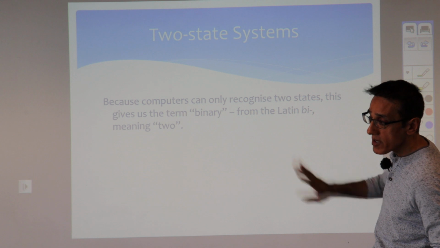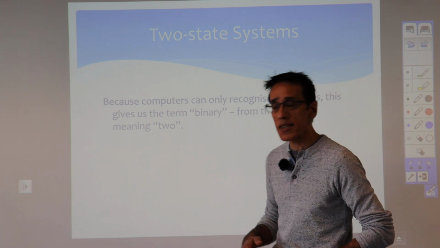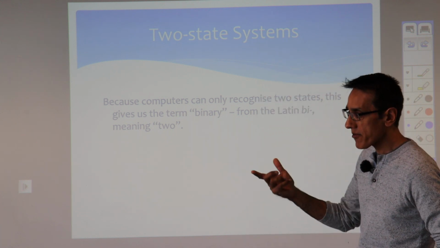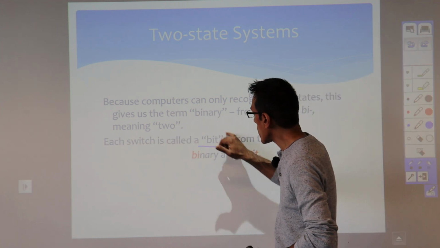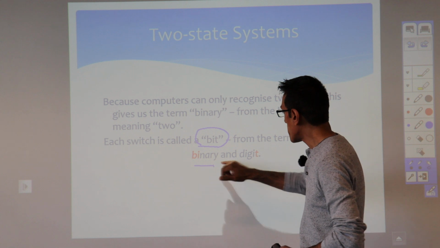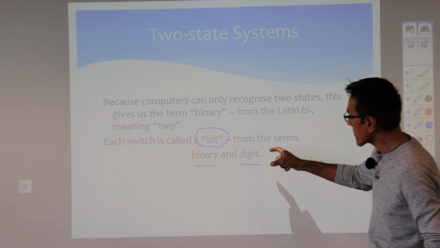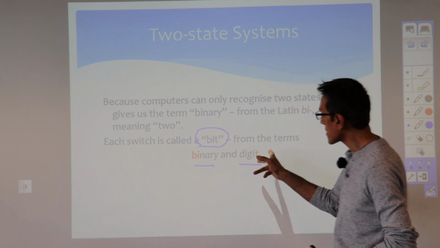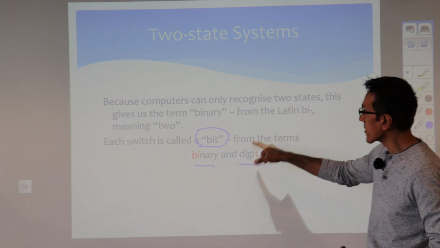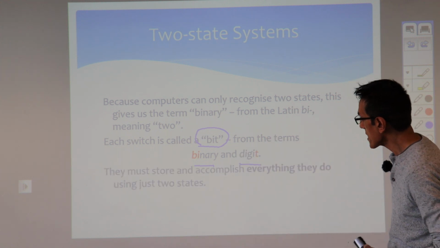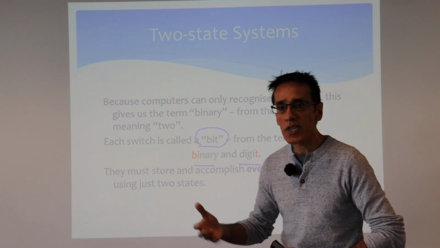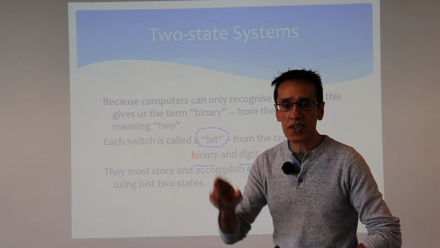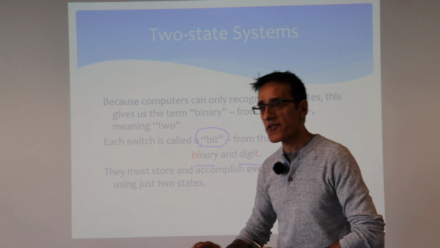Computers will only recognize these 2 states, hence the term binary, bi, from the Latin word, meaning 2. Every switch then is called a bit. So binary and digit, you take the first two letters and the last letter, you form bit from these. So everything that the computer does has to use these switches, transistors, capacitors in the form of bits.